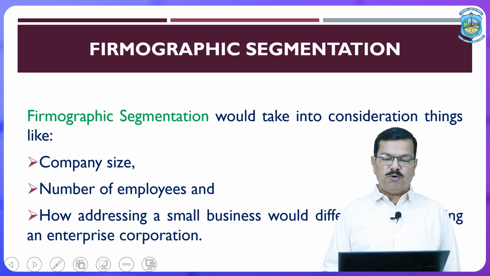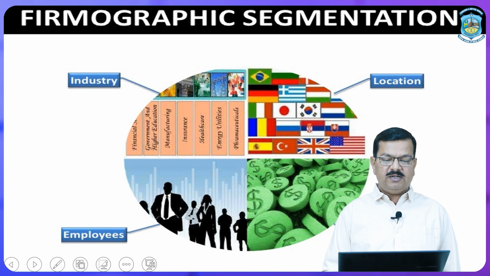That is known as firmographic segmentation, which is normally done on the basis of the different sectors or types of industries, the location of the industry at a global level, then the revenue generation aspect and the number of employees. They all are used to identify the different segments based on the firms or corporate entities.